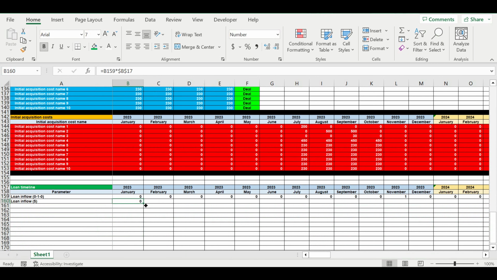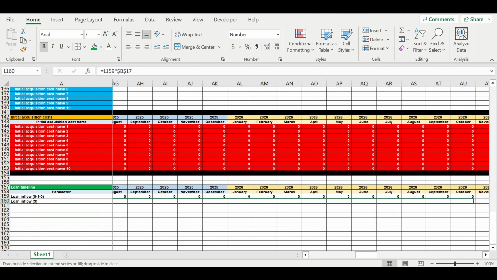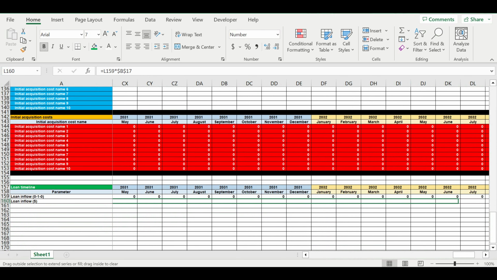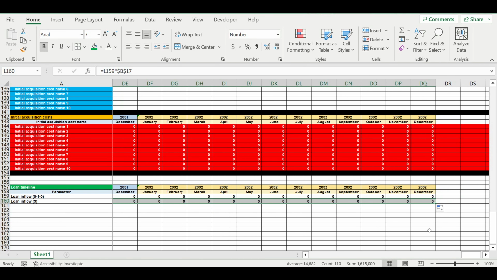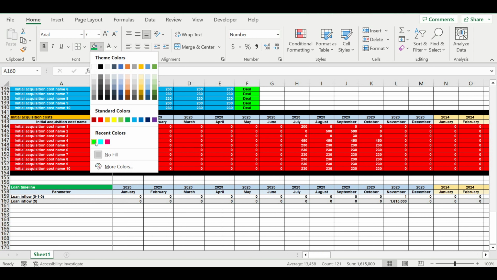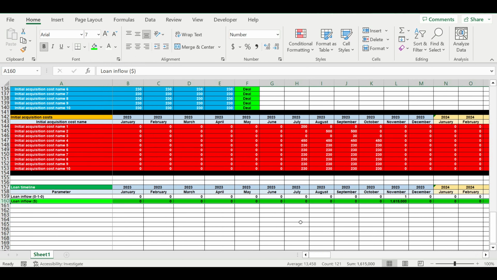Now I'm extrapolating this formula to the right. Here we can see the inflow of the loan inside our project. This will be the inflow and will go to the cash flow statement. So we are marking it with green.